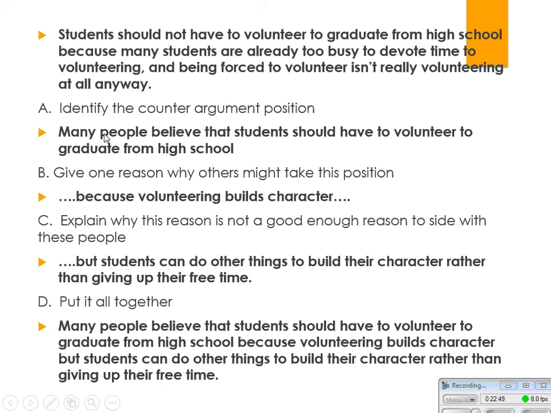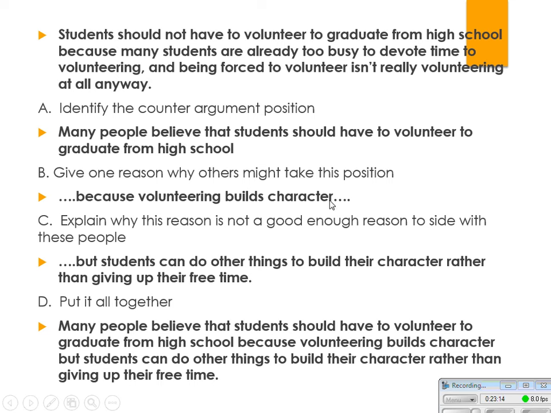So many people believe that students should have to volunteer to graduate from high school because volunteering builds character. That's what they say. And now you follow that up with kind of a rebuttal. You refute it. So again, many people believe that students should have to volunteer to graduate from high school because volunteering builds character. But students can do other things to build their character rather than giving up their free time.